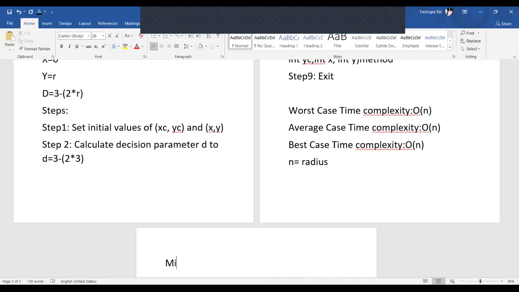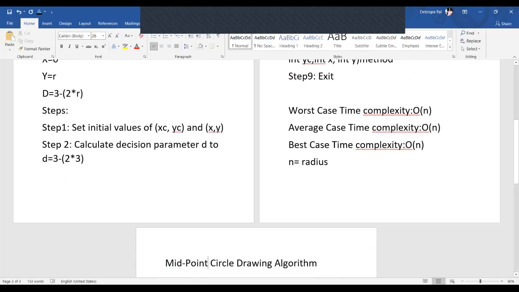Next type of circle drawing algorithm is the midpoint circle drawing algorithm. This is midpoint circle drawing algorithm.